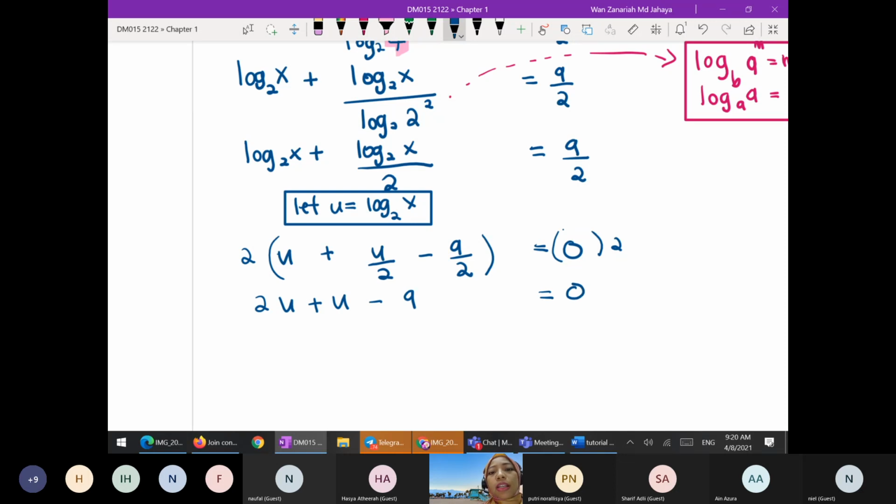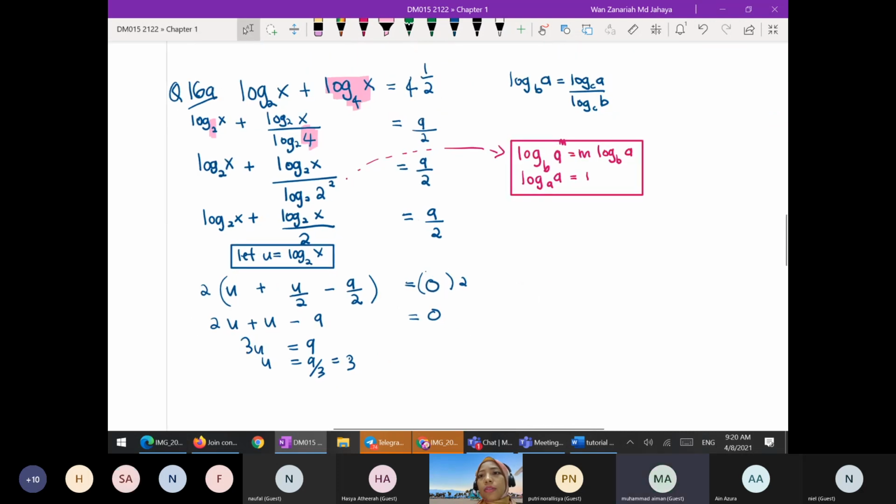So now you can see that 2u plus u, 3u equals to 9, u equals to 9 over 3 which is 3. Okay, 9 bahagi 3 berapa? Betul lah, 3 kan? Betul. Okay, so your u is 3, but you have to substitute back.